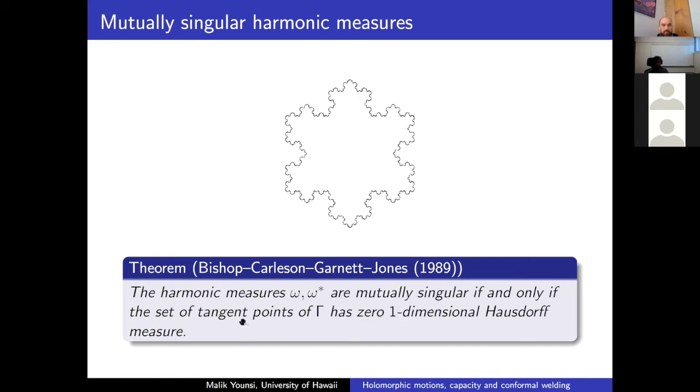If and only if the set of tangent points of gamma has zero length, 0 one-dimensional Hausdorff measure. So that's an example of such a curve. And you can expect that a lot of fractal curves should have this property as well, that the set of tangent points has 0 one-dimensional Hausdorff measure. Any question? No?